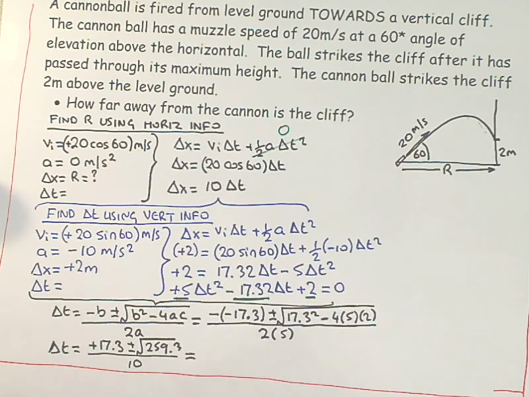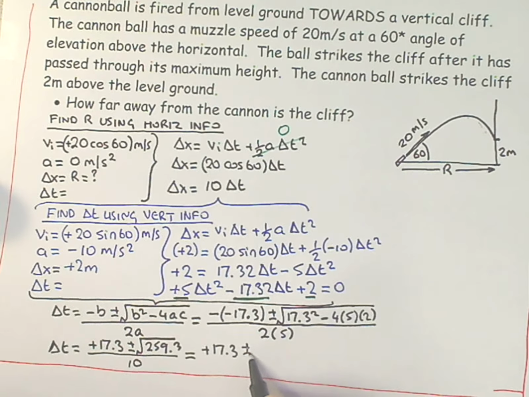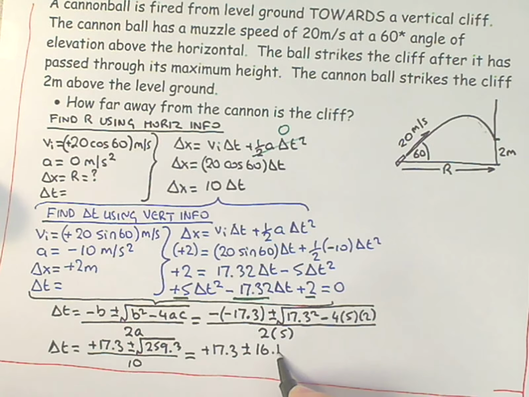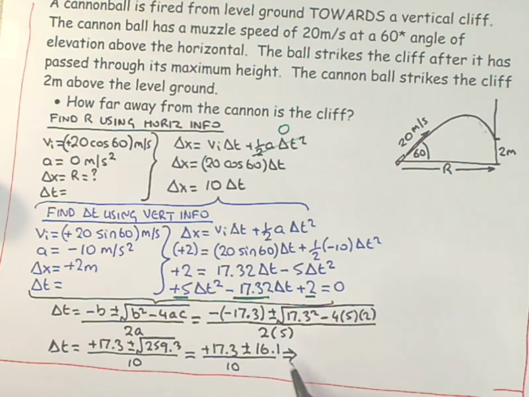So this equals 17.3 plus or minus the square root of 259.3, and that equals 16.1, all over 10. So that gives me two answers.